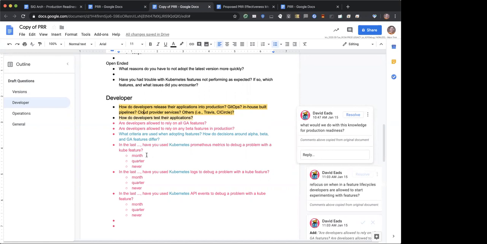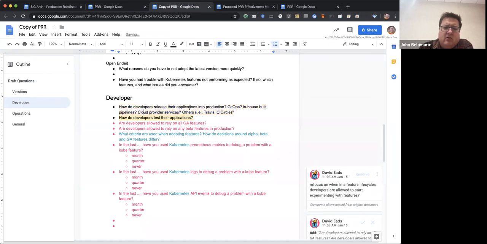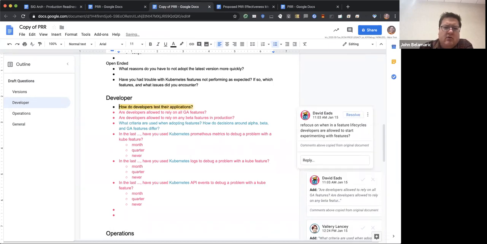But I think that's more related to something different than to whether features are ready for production. Okay. Yeah, I agree that doesn't seem totally relevant. I don't see how that's relevant to this either. Yeah, I don't think so.